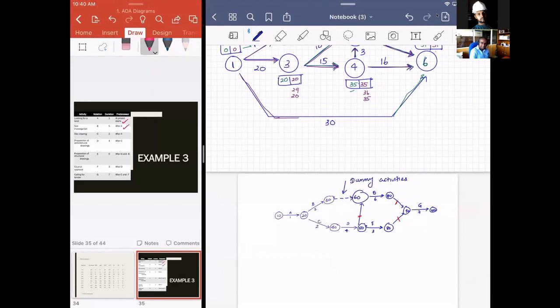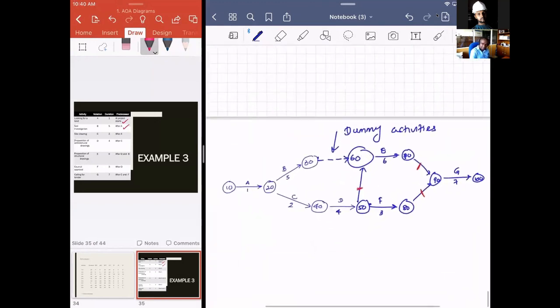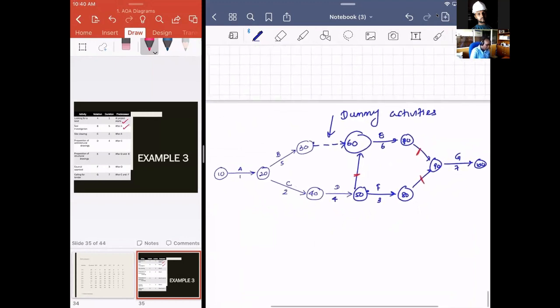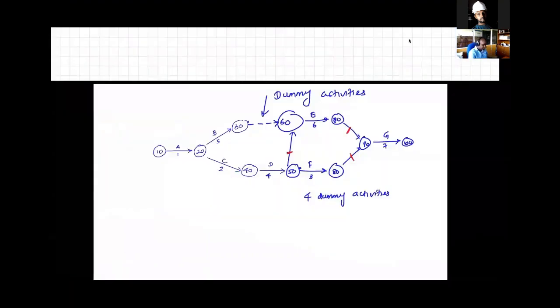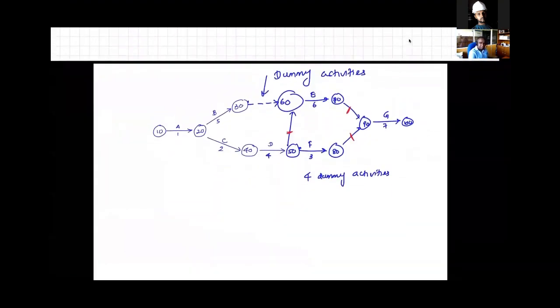Here in this network, we have 4 dummy activities. So this is not good. Technically, we should minimize dummy activities.